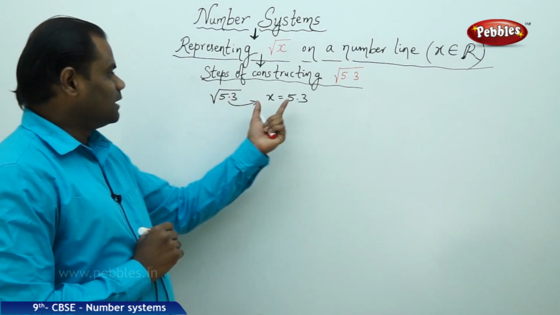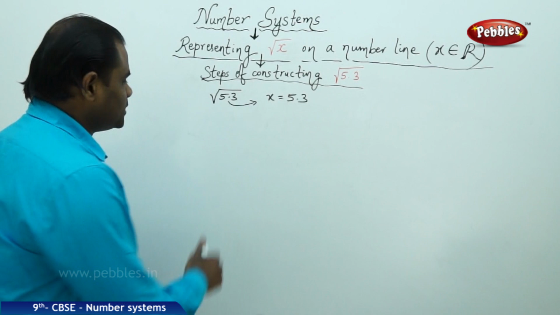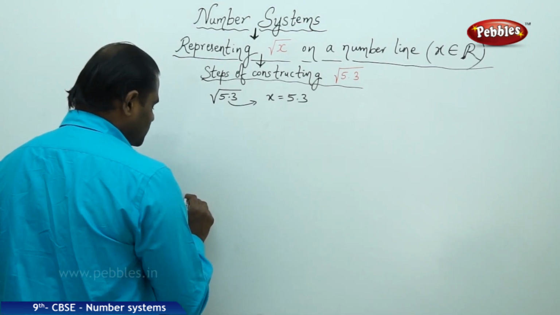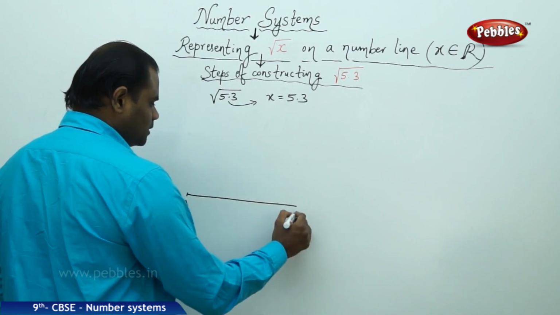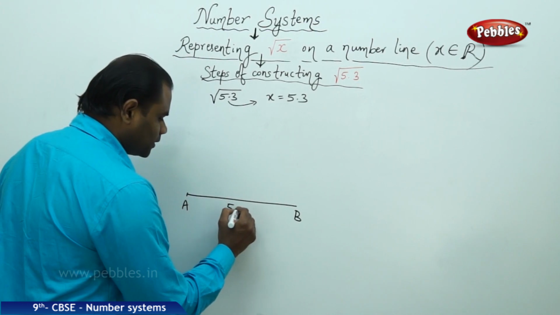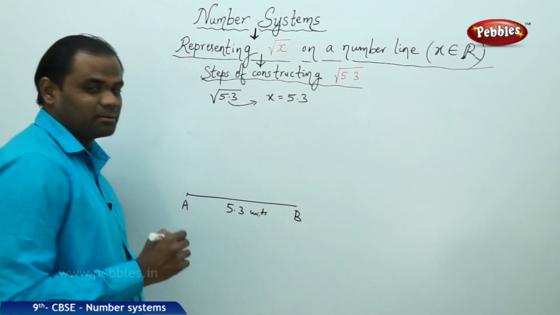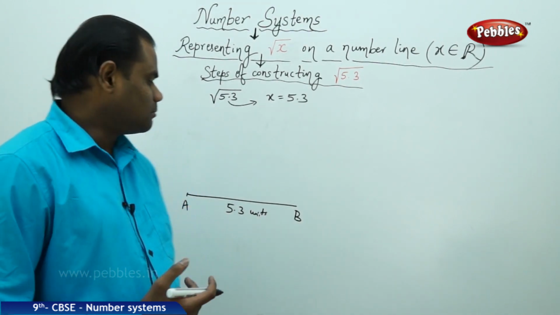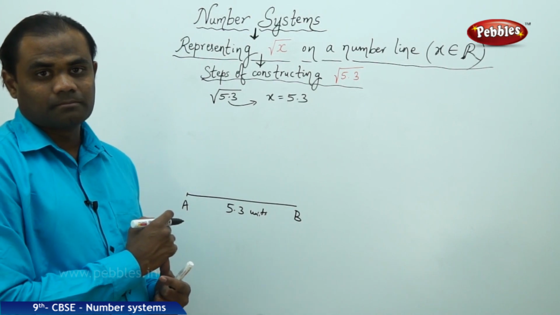So we first pick the value of x, and then in step 1 of the construction, we take the distance 5.3. Let AB be the base constructed with exactly 5.3 units. It can be centimeters or meters, but take the measurement of 5.3 as the base AB.